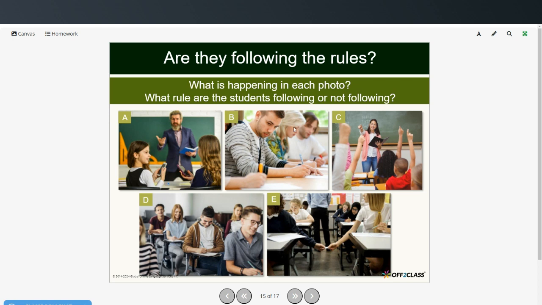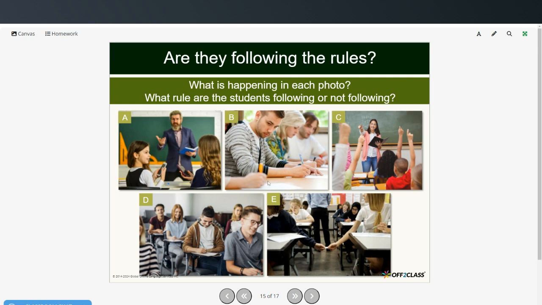All right, so are these people following the rules? What is happening in each photo? And what rule are the students following or not following? Well, in this first one, they are not following the rule about not using their cell phones during class. This student is not following the rule about cheating.